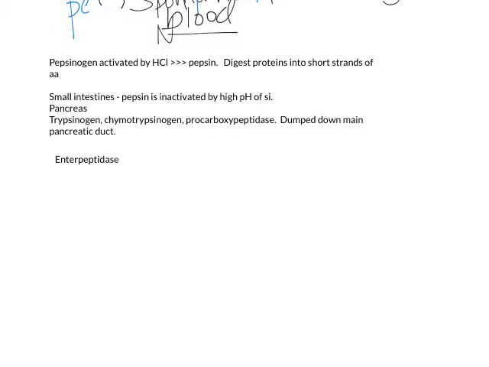So enteropeptidase activates trypsinogen.